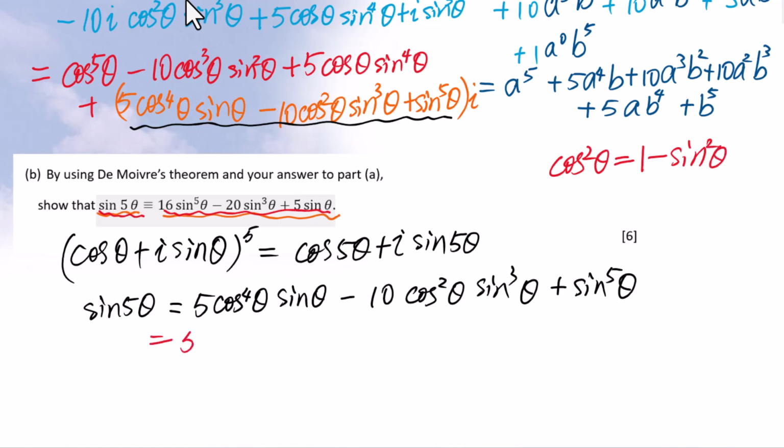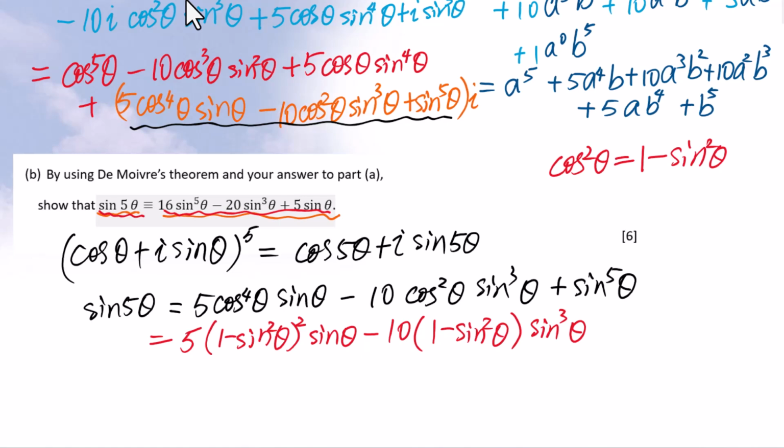So we get 5 times (1 - sin^2 θ)^2 sin θ minus 10 times (1 - sin^2 θ) sin^3 θ plus sin^5 θ.